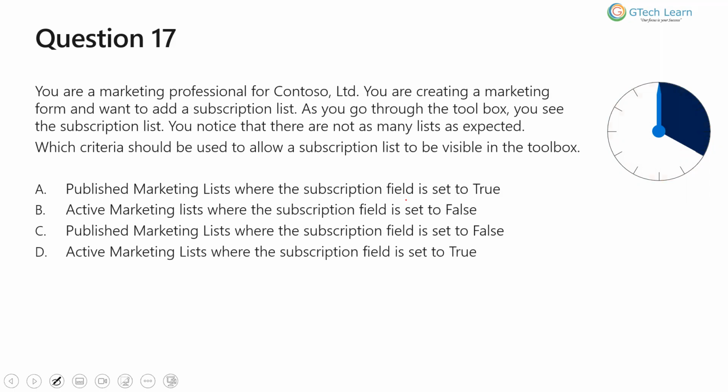Option A, published marketing list where the subscription field is set to true? Option B, active marketing list where the subscription field is set to false? Option C, published marketing list where the subscription field is set to false? Option D, active marketing list where the subscription field is set to true. Your answers on the chat, and let me start a timer now.